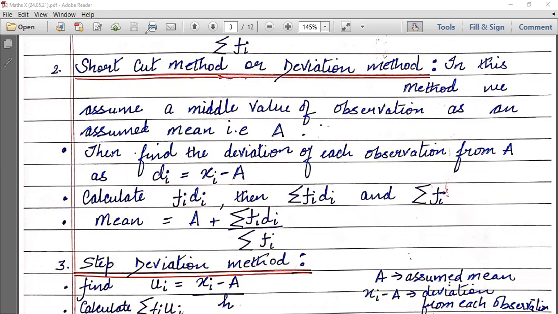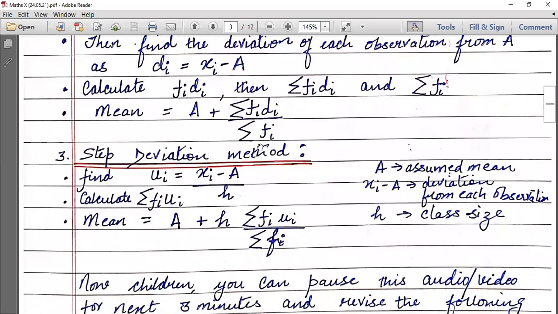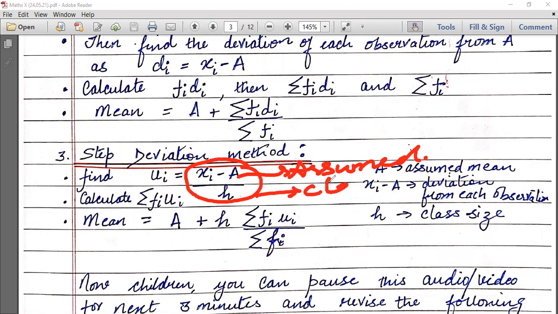Now let's discuss the last and third method, that is your step deviation method. Children, we will use this method when your classes are given in a uniform way. Then you will find ui by the formula xi minus a upon h. A is the assumed mean, the same as in the previous formula, and h is the class size.